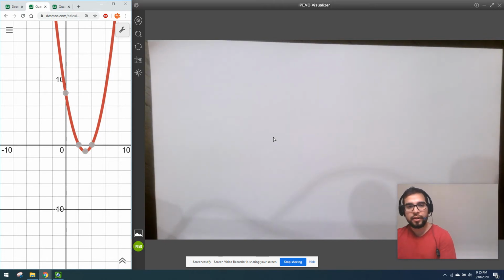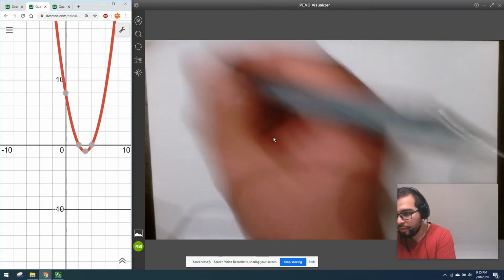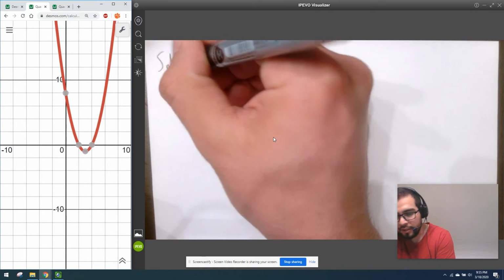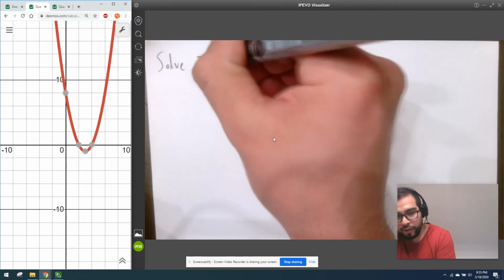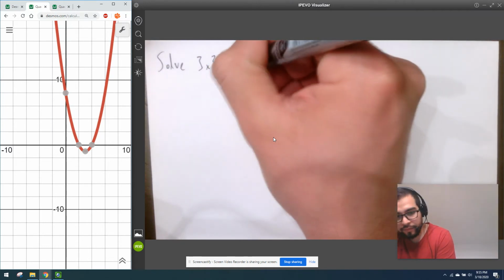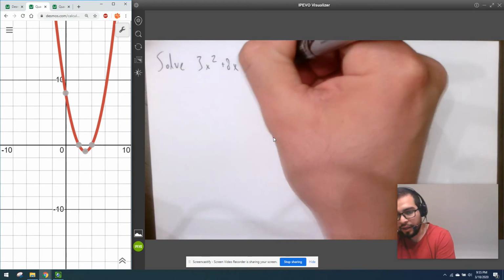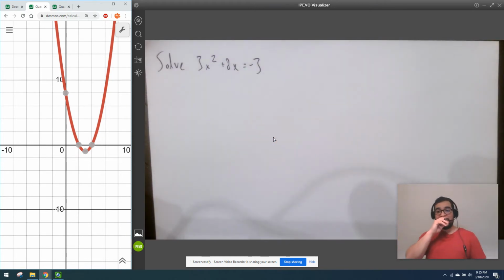In this case, we're not going to identify the a and the b, but rather we're going to go ahead and solve 3x squared plus 8x is equal to -3. Now this here is not in standard form. In order for this to be in standard form, I need to have my quadratic equal to 0.